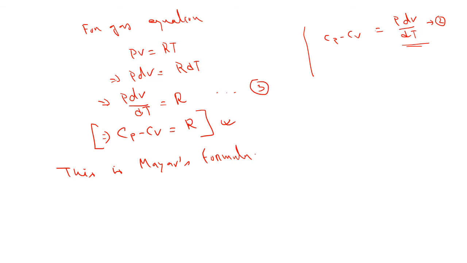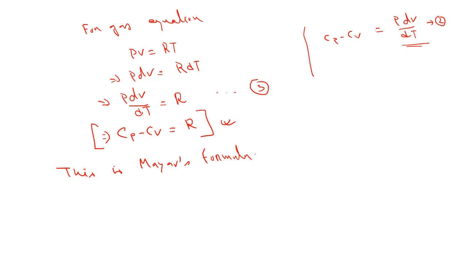Using the first law of thermodynamics, we can derive this formula. I think you understood what the first law of thermodynamics is. It is based on the principle of conservation of energy, and it says that the heat energy given to a thermodynamic system is used to change the internal energy.